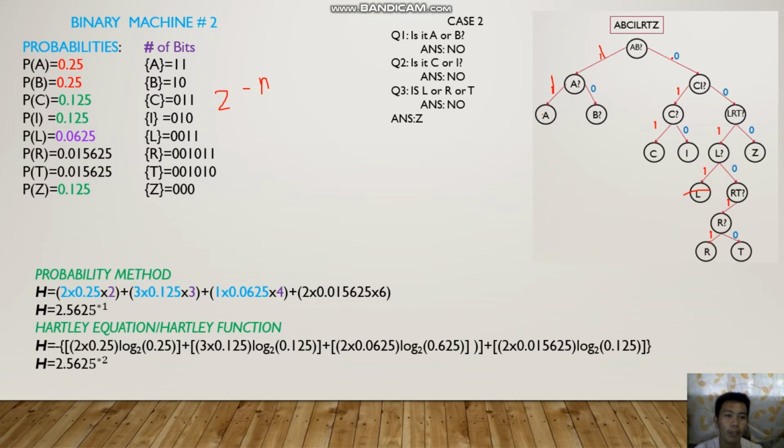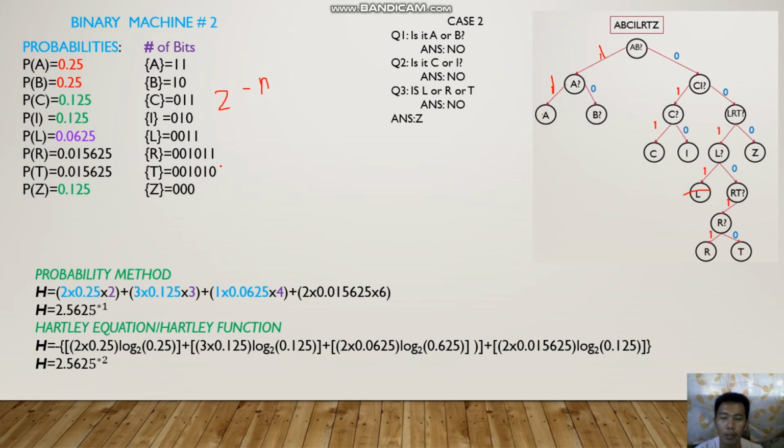In this part, we have 0, 0, 1, 1. This is the number of bits, 0, 0, 1, 1. So 2 raised to negative 4, we have an answer of 0.0625. The same is true at this probability letter R, where we have this number of bits: 0, 0, 1, 0, 1, 1.